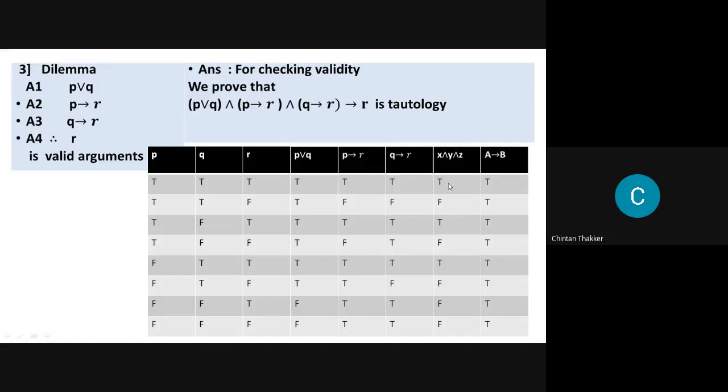Here we have T, and in R also we have T, so here T. Here we have T, in R also T, so T. Same way here, we have T and in R also T, so T. So all are true values, so it is a tautology. So this is a valid argument.